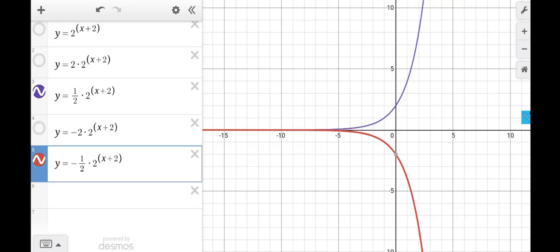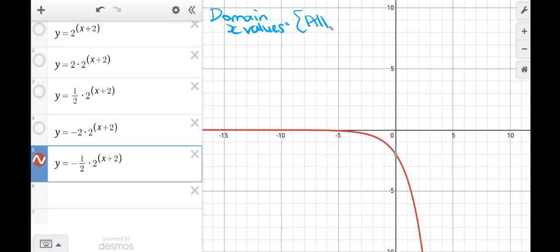So let's have a look at the domain and the range. If we look at this graph here, we have the domain, which is all the x values. So this is going to be all real numbers, from negative infinity to positive infinity. And we can also write it in this form.